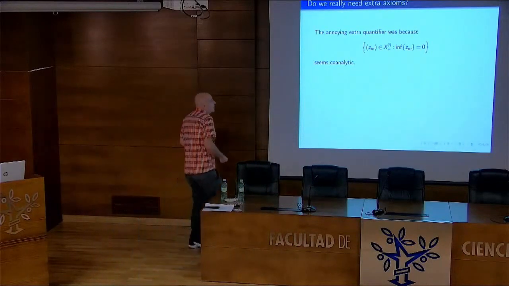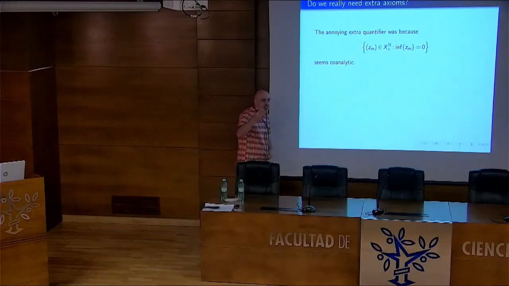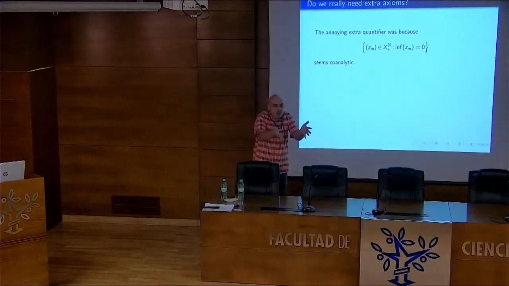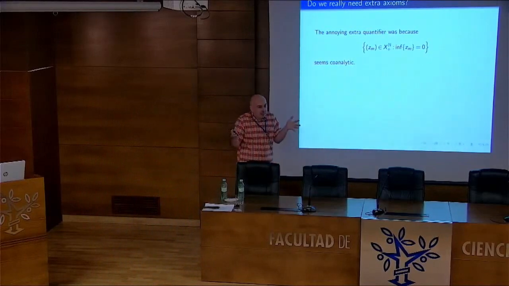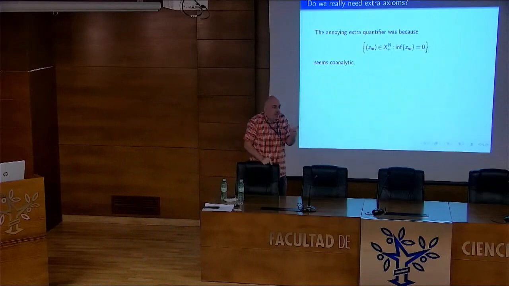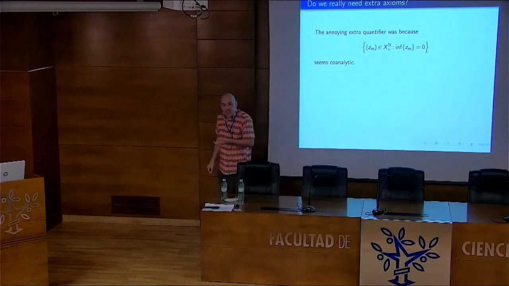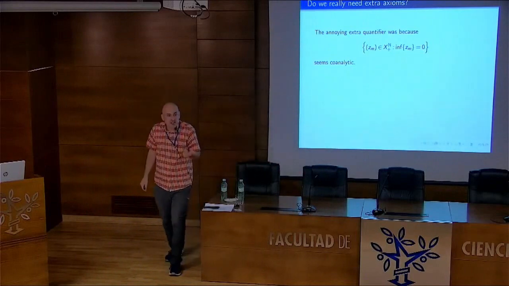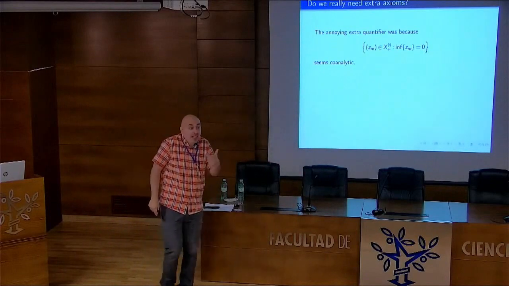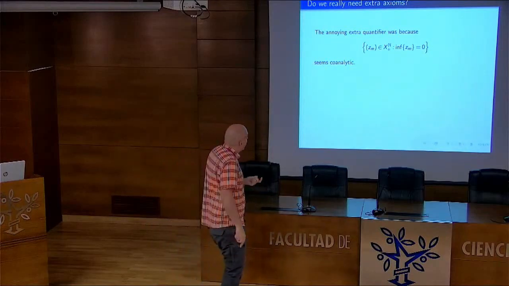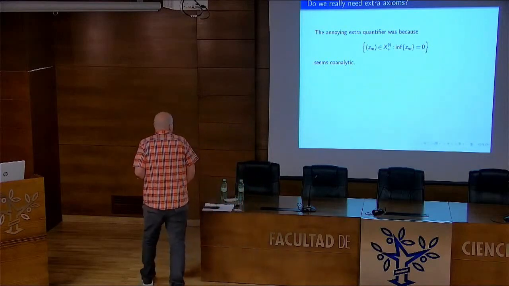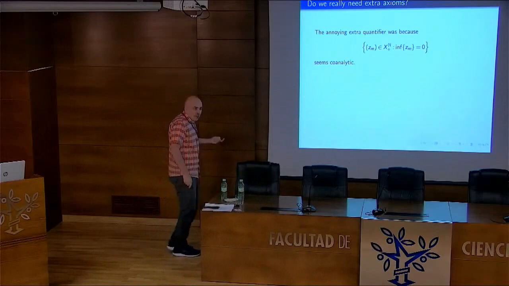Perhaps the straightforward way to define this thing needs these axioms, but perhaps there is some other way to rephrase it that makes it sigma 1, 1, and then I don't need the axioms. Okay, so where did the extra, annoying quantifier come from?